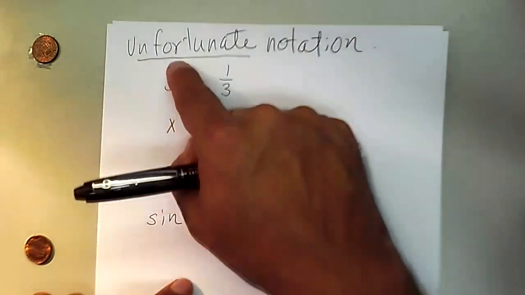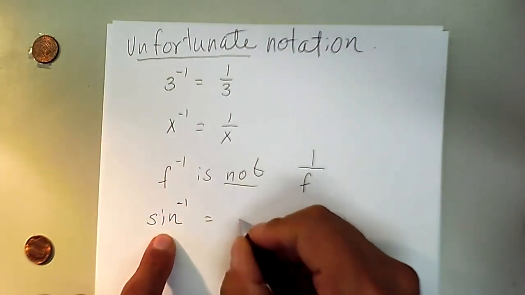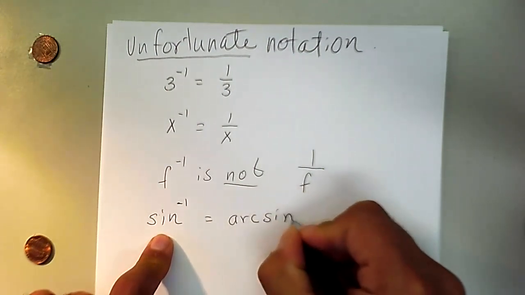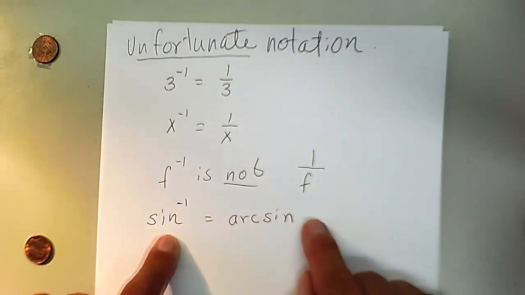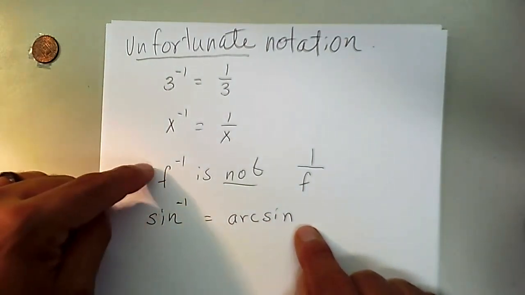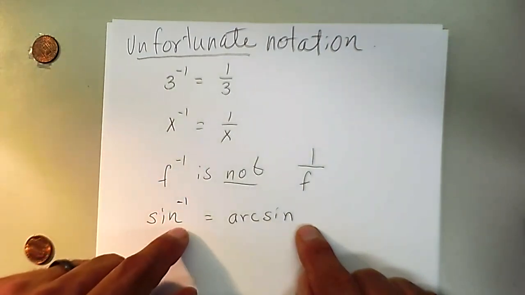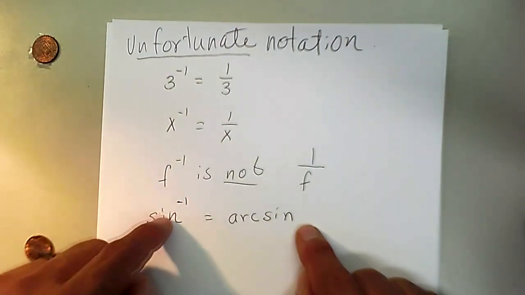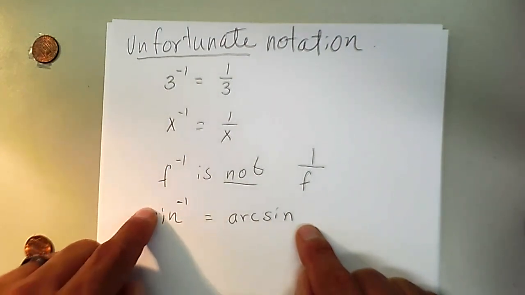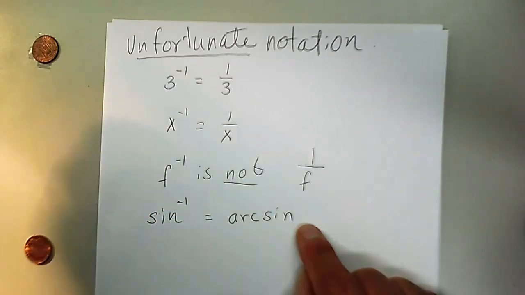We have to be aware of the differences. Some people call this arcsine so they don't have to put the -1, and that's perfectly fine, except that we still have the same notation for any other function. So in my opinion it's better to put an exponent of -1, and just remember that if you have a function, then we are not doing 1 over that.